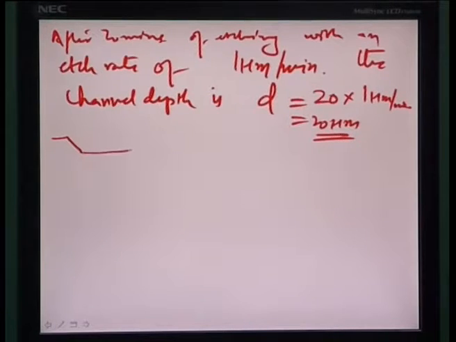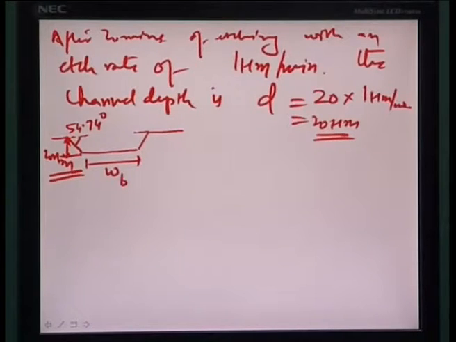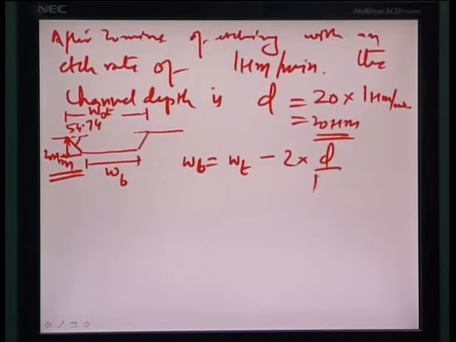So, you have a case here where this angle right here and here is 54.74 degrees, and this distance which has been etched away is 20 microns. Therefore, the bottom width here is WB, and this is the top width, WT. The bottom width WB is equal to WT minus 2 times d by tan alpha.